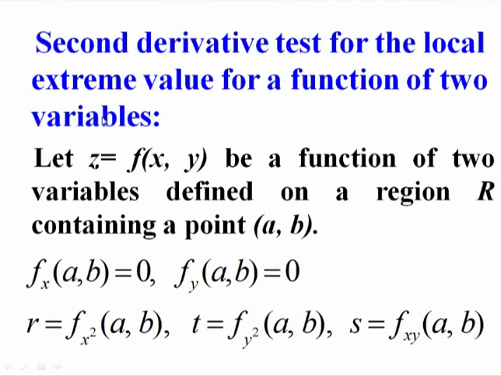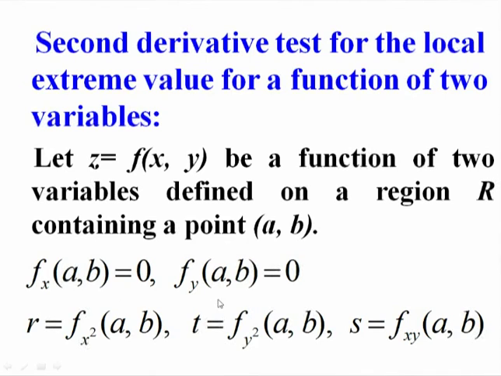First we determine the stationary points or critical points of the function. For that we find the partial derivatives of the function with respect to x and with respect to y, and solve those two equations for x and y. That means del f by del x at the point a, b is equal to 0 and del f by del y at the given point a, b is equal to 0.